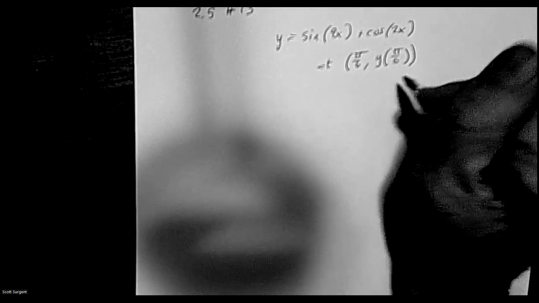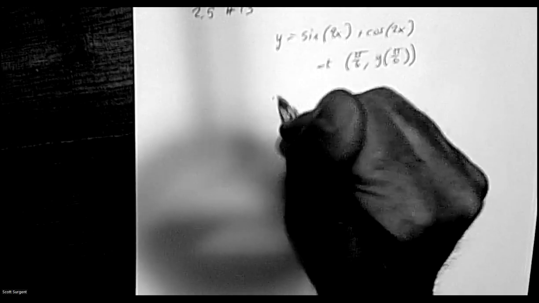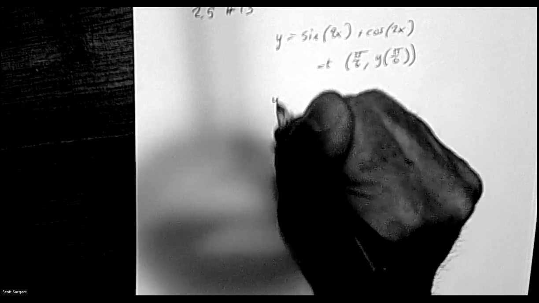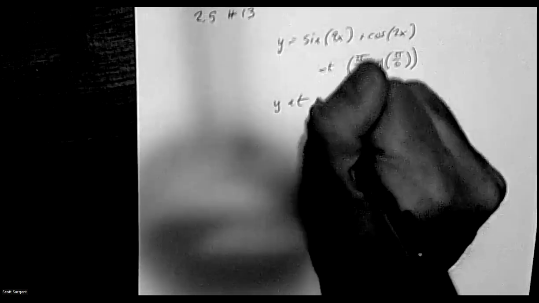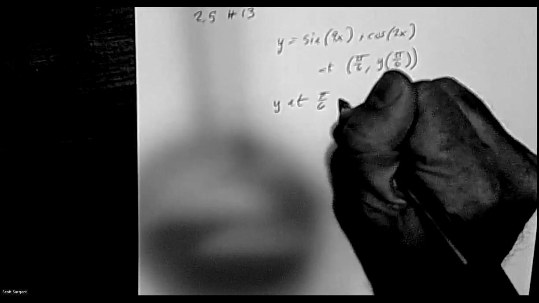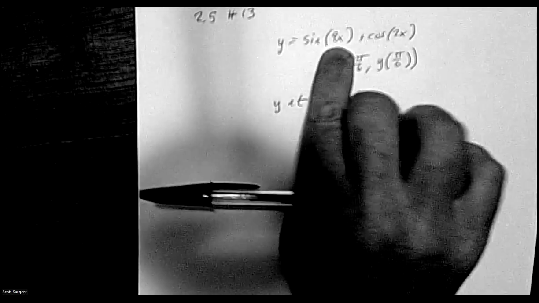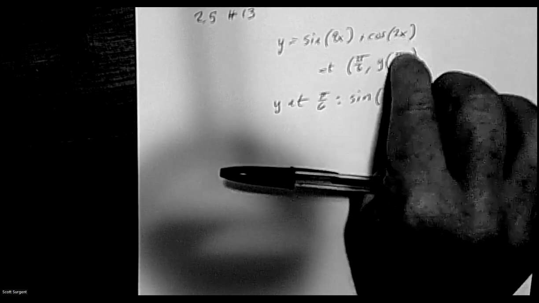So first of all, let's plug them in. Let's plug in pi over 6. I apologize. So y at pi over 6 is going to be sine of pi over 6 times 9, which is 3 pi over 2, plus cos of pi over 6 times 2, which is pi over 3.